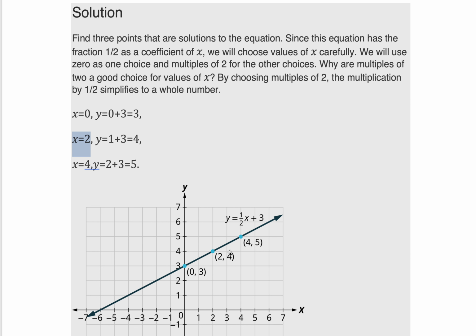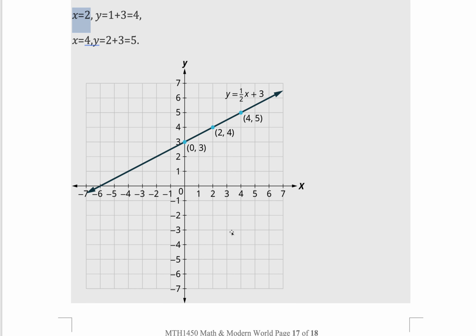There are an infinite number of points on the straight line, and any point is simply a solution of the equation. And indeed, that's the reason why we call such an equation a linear equation, because the graph matches perfectly as a straight line.